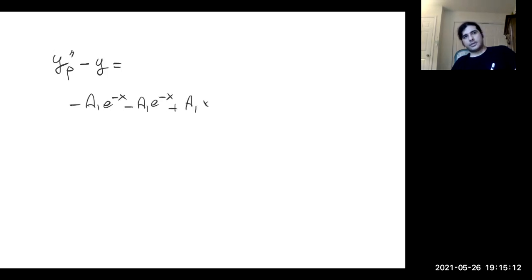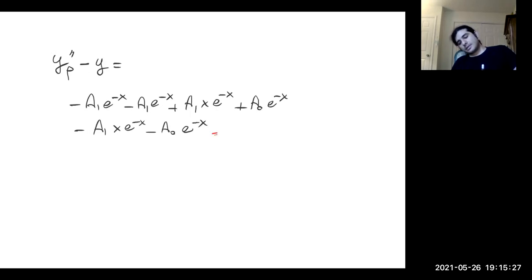Okay, so the second derivative minus y is equal to minus a1 e to the minus x minus a1 e to the minus x plus a1 x e to the minus x plus a naught e to the minus x minus a1 x e to the minus x minus a naught e to the minus x.